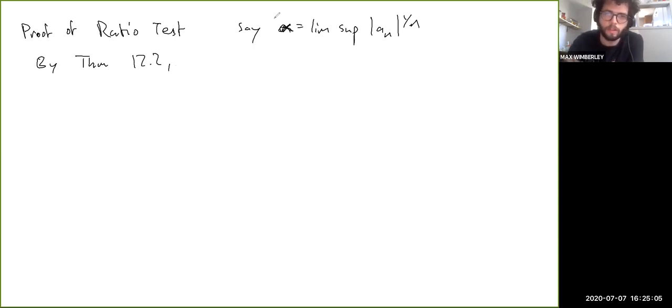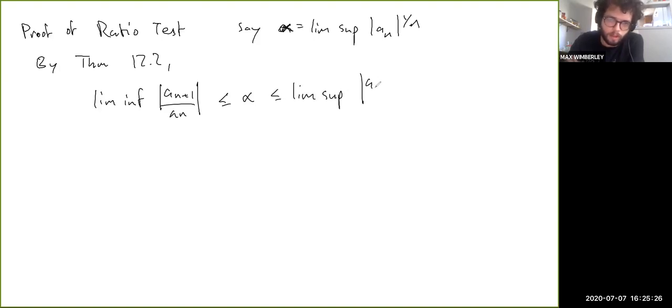If we call this lim sup alpha, then what we know from theorem 12.2 is that alpha has to be in between the lim inf and the lim sup of the ratios. So the lim inf of a_(n+1) over a_n is less than or equal to alpha, less than or equal to the lim sup of a_(n+1) over a_n.